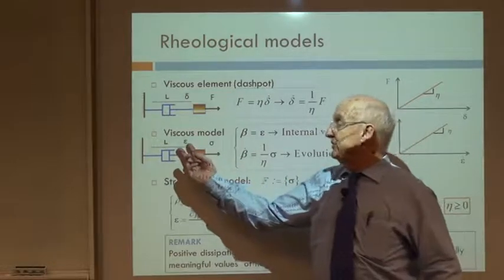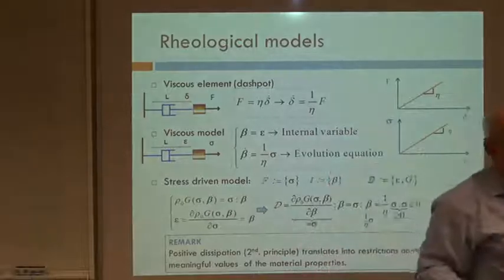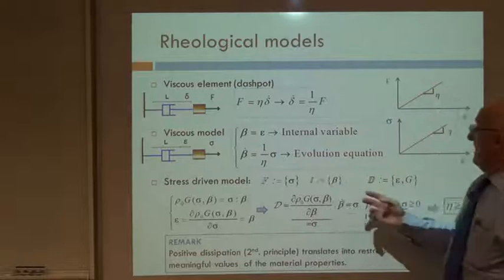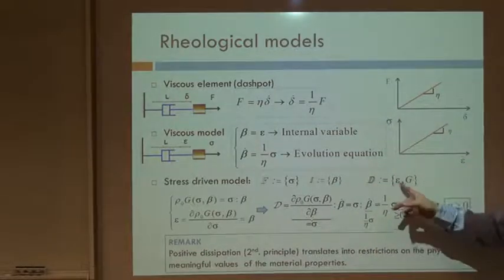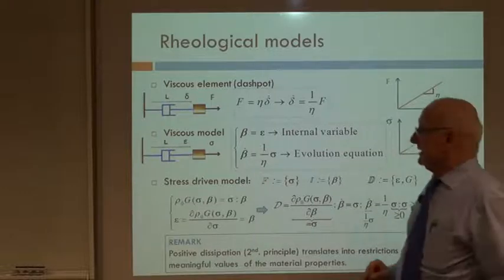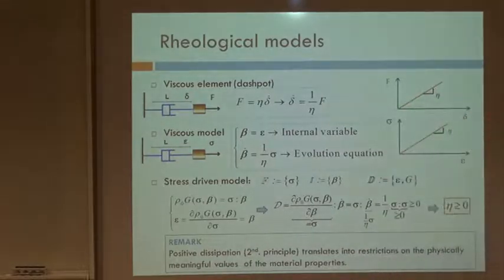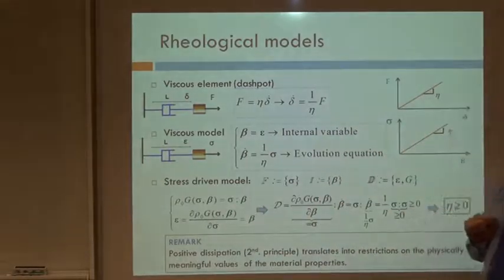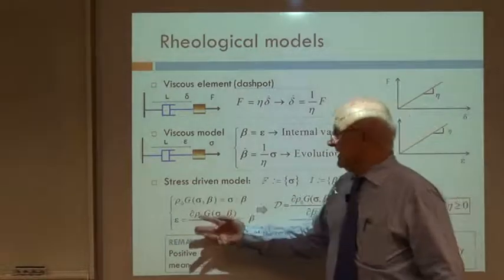In 1D it would be the strain, but in many dimensions it will be the vector or the tensor of strains. And then the remaining variables are dependent. So the strain itself and the Gibbs potential are dependent variables. Well, what about the Gibbs potential? Can we guess the Gibbs potential for that?